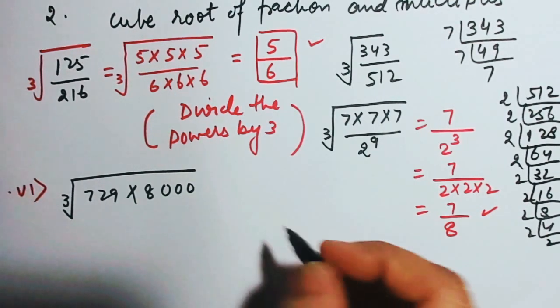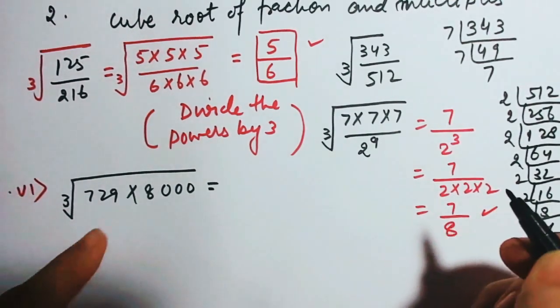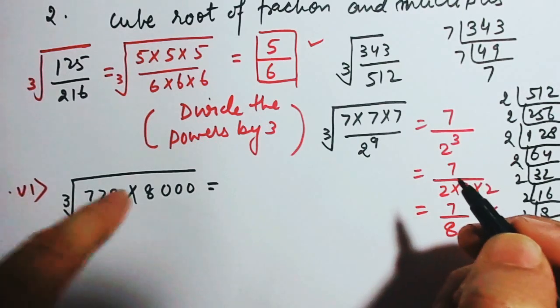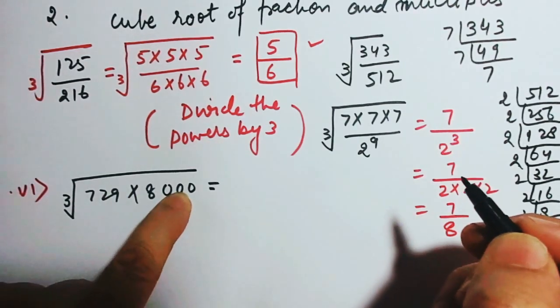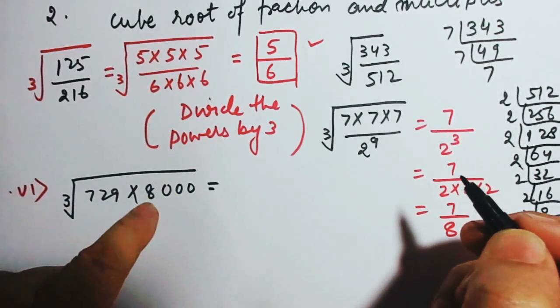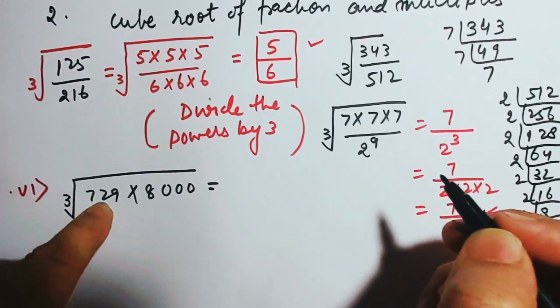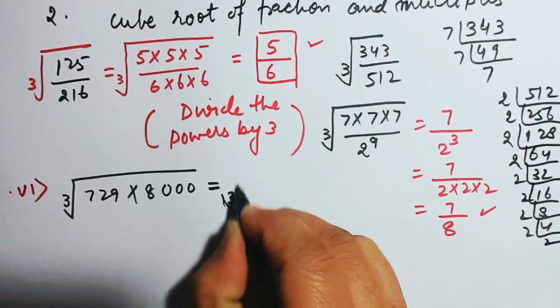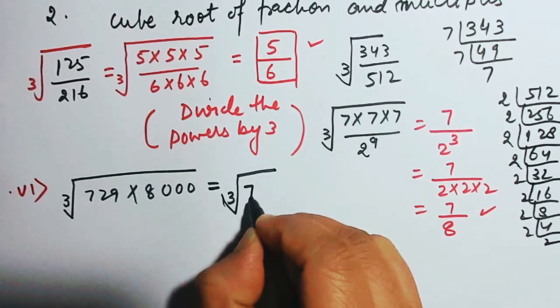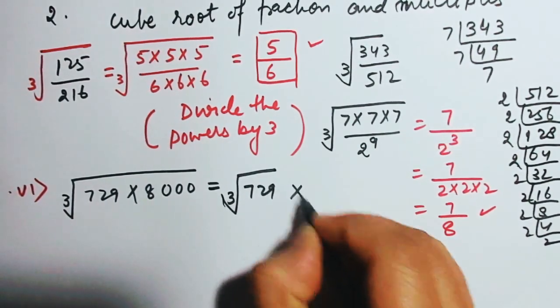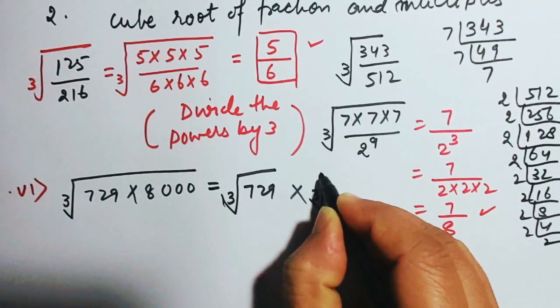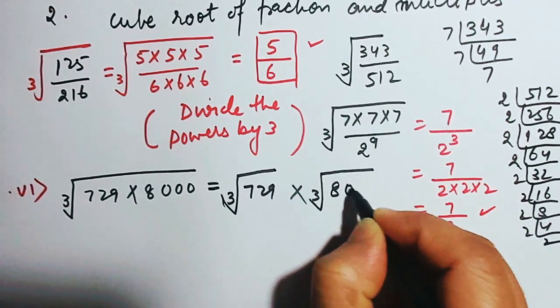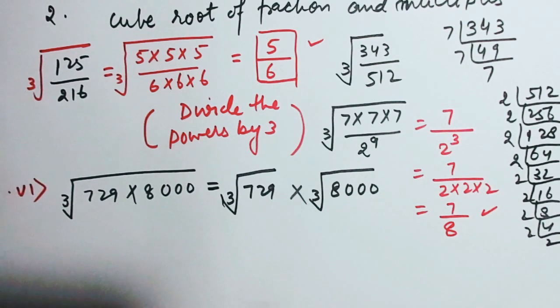This means that if the numbers are in multiples, you can find the cube root of their product by taking their cube roots separately. So this is equal to the cube root of 729 multiplied by the cube root of 8000. See, what did I do here? I separated the number for our convenience.